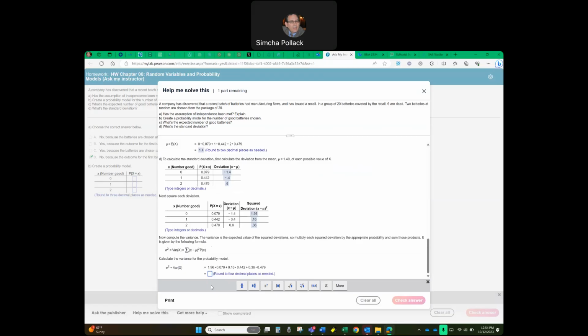And 0.36 times 0.479 equals 0.1724. Adding them all together. Let's do it. Computer calculator. 0.0707 plus 0.8748 equals grand total of 1.179, or rounded to 1.118.